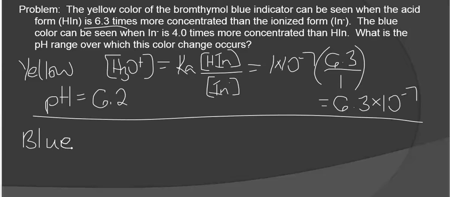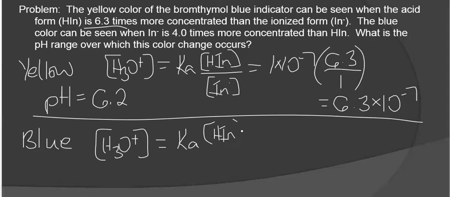Bromothymol blue changes from yellow to blue. We're going to solve for pH there as well, so we'll solve for H3O+. Ka is 1 times 10 to the negative 7. Now the blue color can be seen when the ionized form is 4 times more than the acid form.